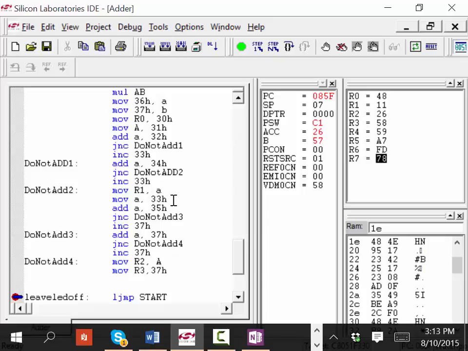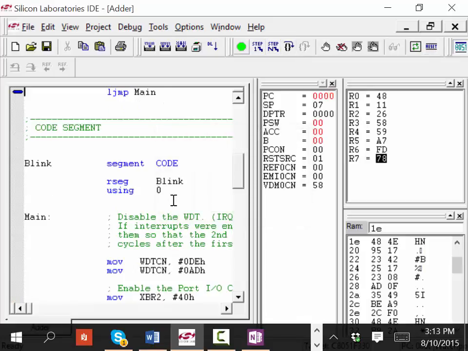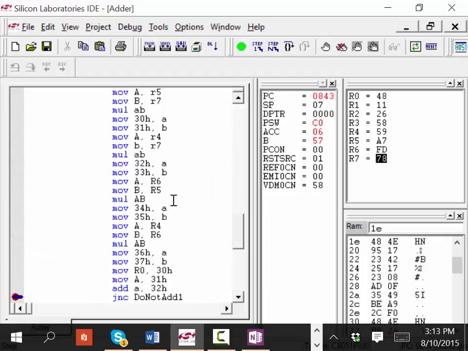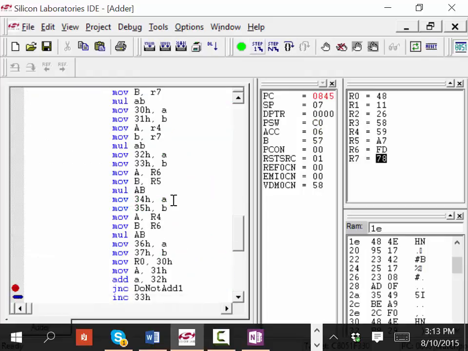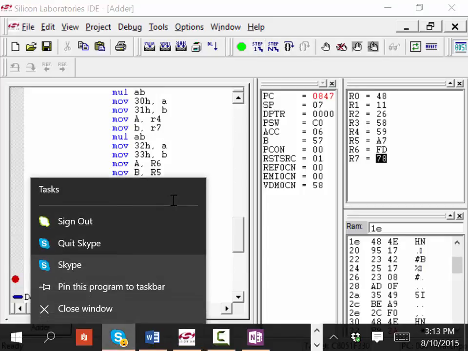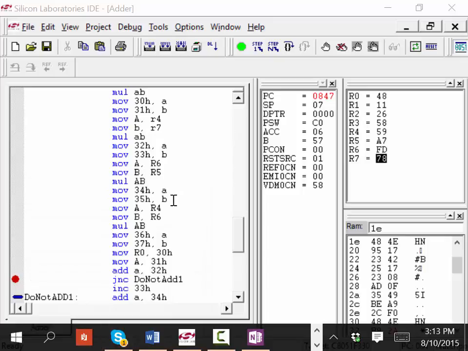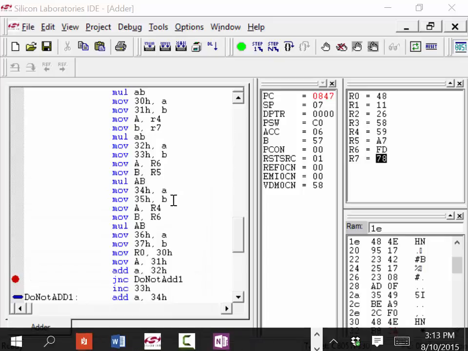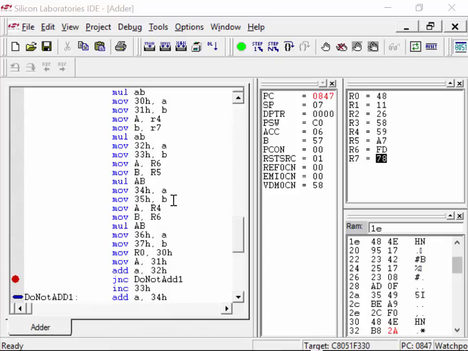All right, well, it all comes into play. Let's see what's going on here. Increment at 33.